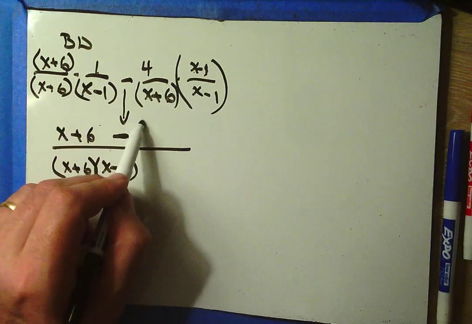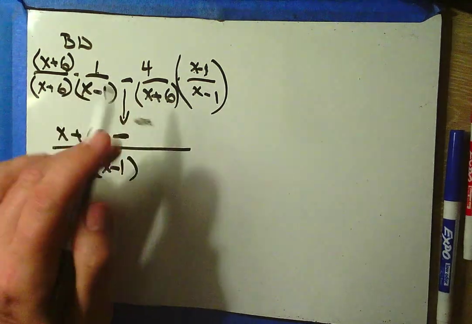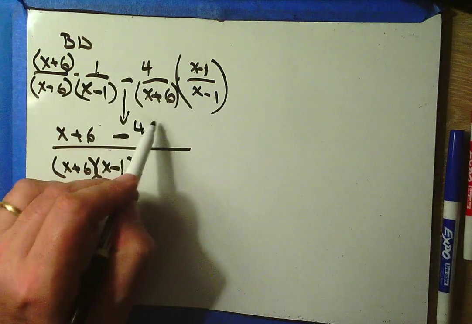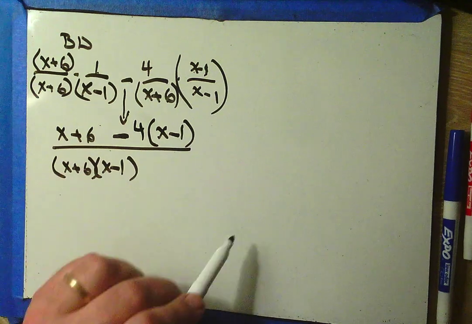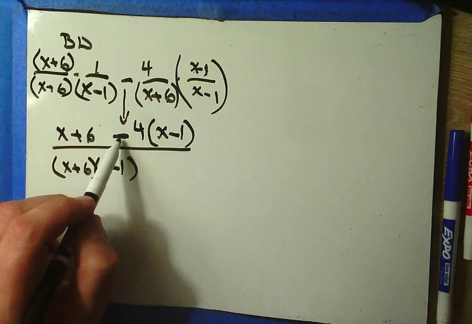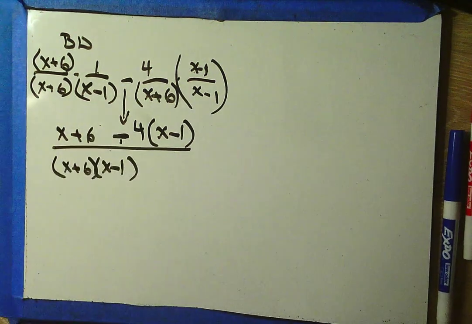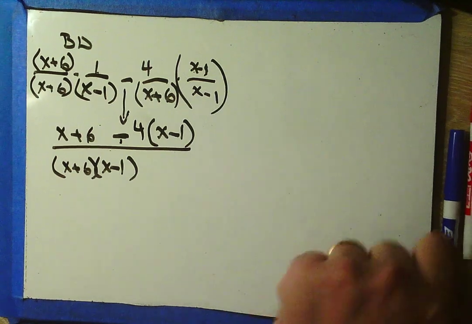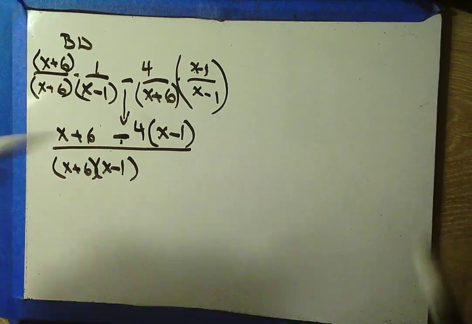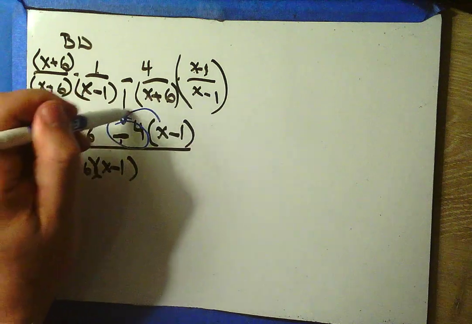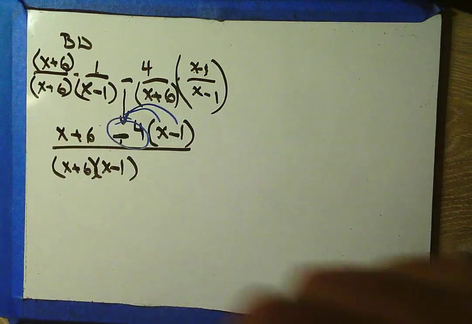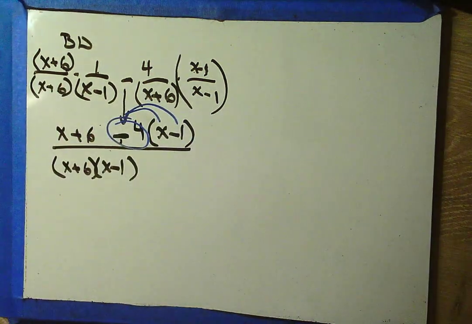And here's the thing. We have to take this 4 and distribute it to the x minus 1. But we also have to take this subtraction symbol. We have to take this negative 4 and distribute negative 4 to each of these. Okay, so let's do that.